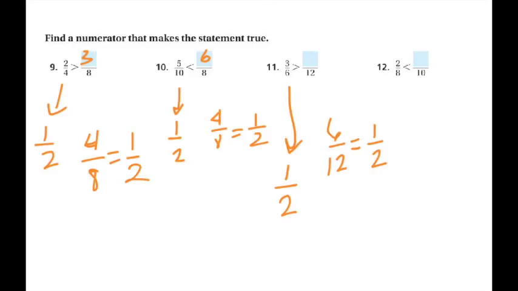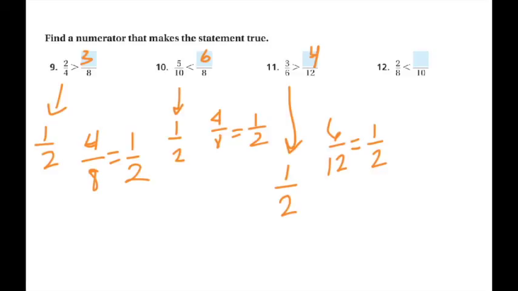So I have to have less than a 6, because it's telling me that 3/6, which equals 1/2, is greater than some number of twelfths. So I'm just going to go with 4. But I could do 0, 1, 2, 3, 4, 5. And maybe we don't want to do 0 because that just represents nothing. But 1 through 5 would work in that box.